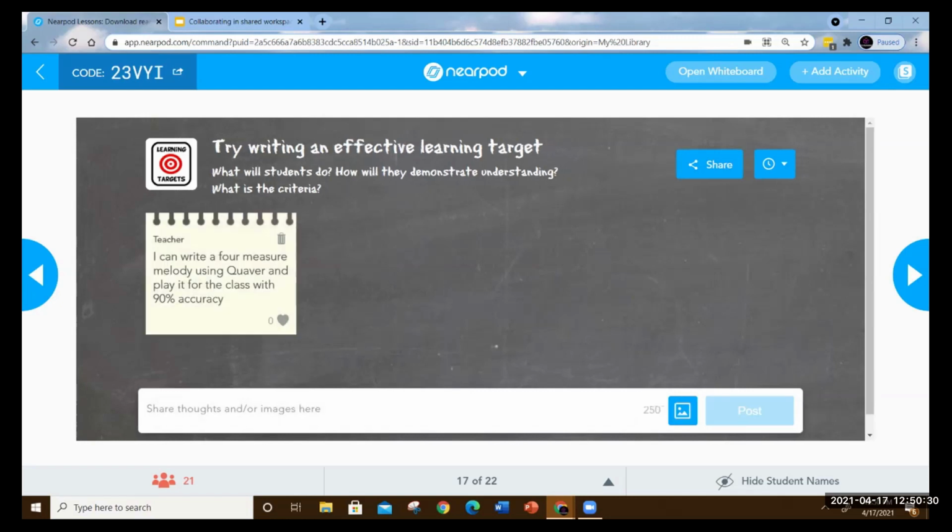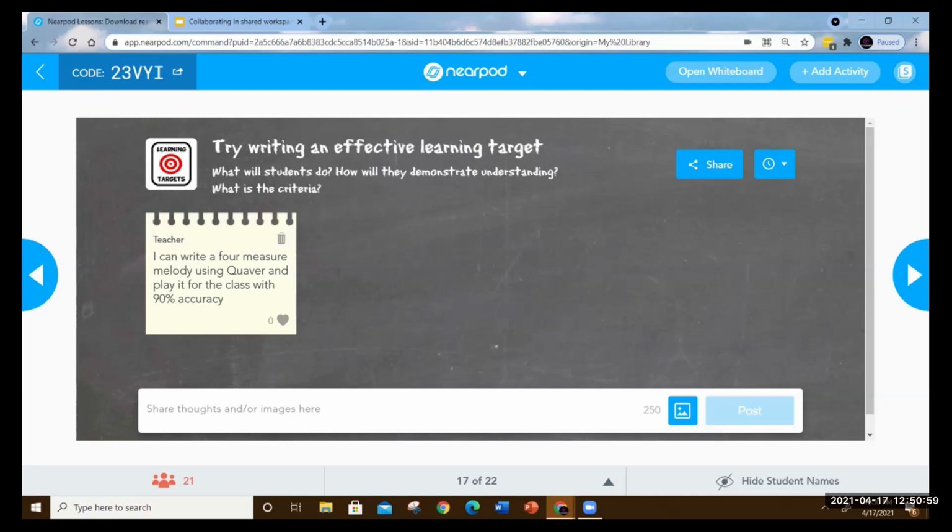So here's an example of a learning target that I just did. What are they going to do? They're going to write a 4-measure melody. How are they going to demonstrate their understanding? They're going to use Quaver, and after they write it, they're going to play it for me. So I'm going to be able to tell, did you just throw notes on the page, or do you actually understand what you just wrote?